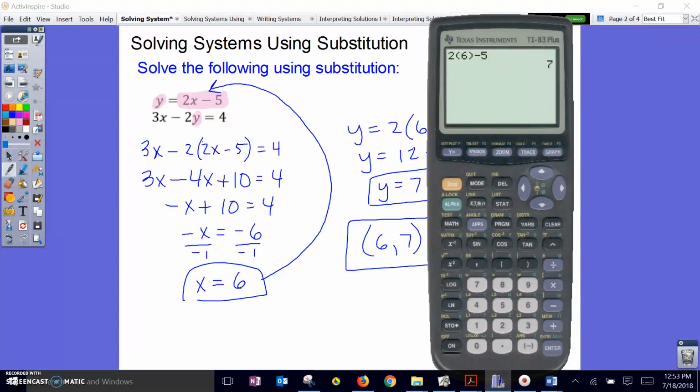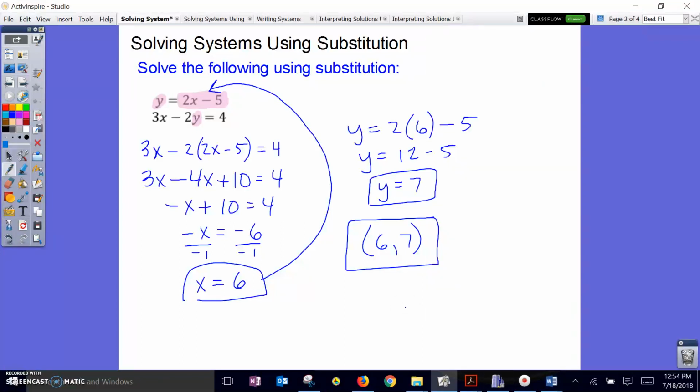So when x is 6, y is 7. And then we'll put it into the other one. 3 times 6 minus 2 times 7. And this better equal 4. And it does. And so our solution is good. All right. Next example.